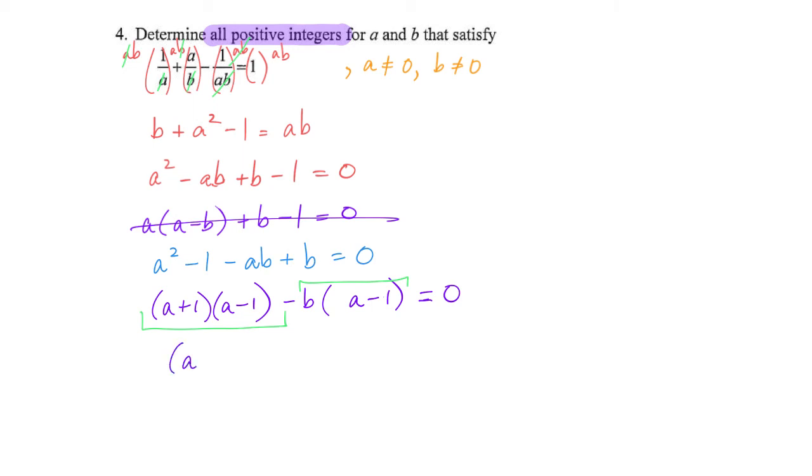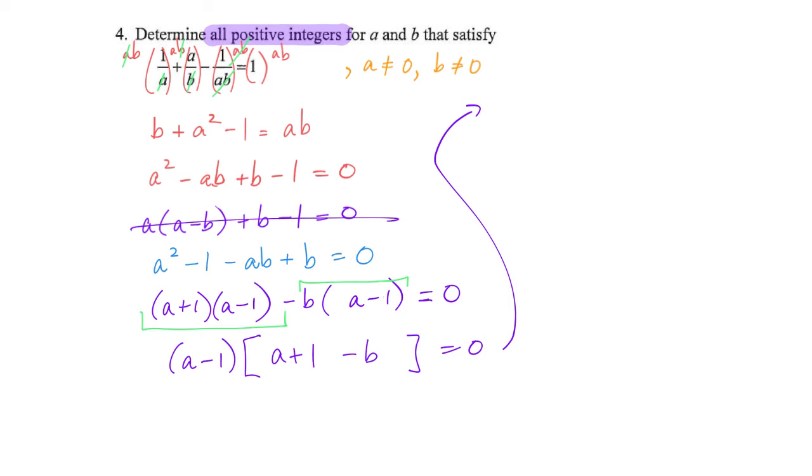So I'm going to factor out my a minus 1 from both terms, and that's going to leave me with an a plus 1 from the first term and a negative b from the second term. Okay, so what does that mean for me being able to solve? Well, I now at least got it down to a product equal to 0, so I know that one of those has to equal 0.